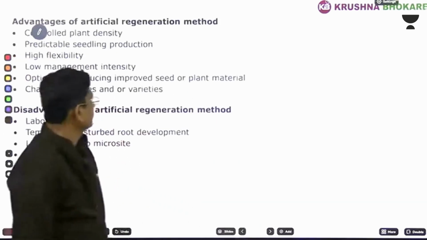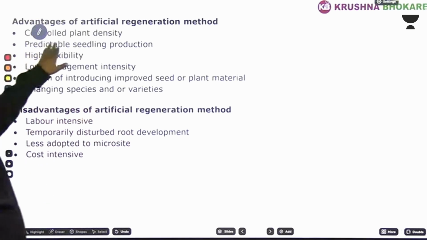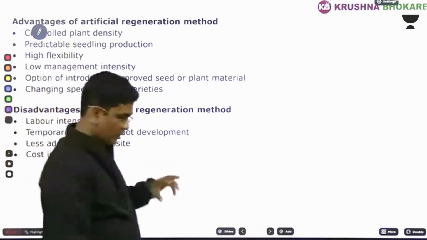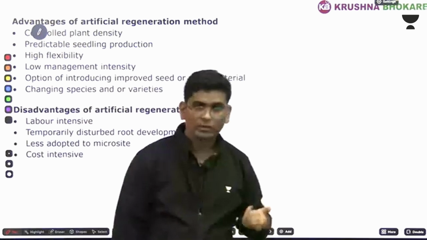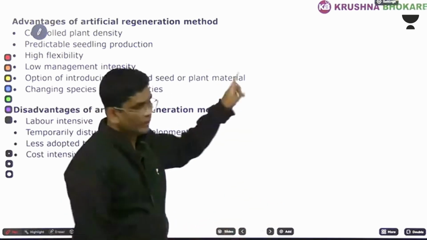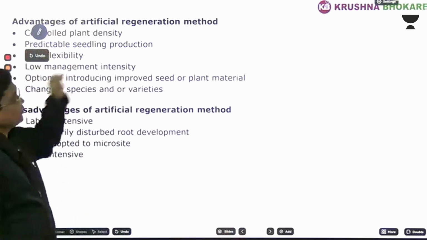Then advantages of artificial regeneration overall: control plant density. In a natural forest, can we control the plant density? No, but here we can mark the area and then plant the trees. Then predictable seedling production.